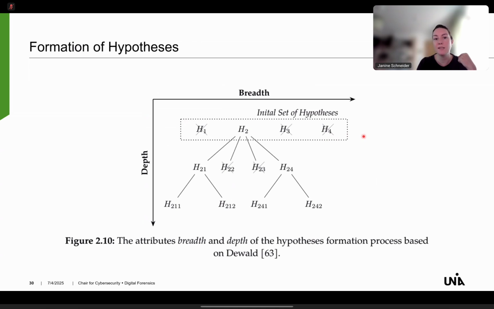We form hypotheses. 1, 3, and 4 are disproven by evidence, by data. 2 isn't or cannot be disproven. So we form additional ones based on that. We disprove these 2, but these 2 cannot be disproven. And now we have this deepened set of hypotheses that might be true. We cannot disprove them, so we can assume that they, with a certain probability, are true.